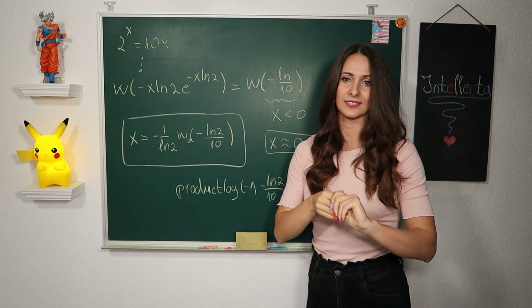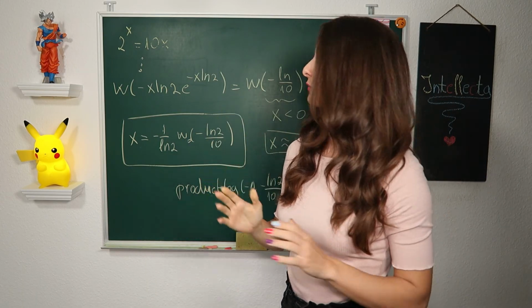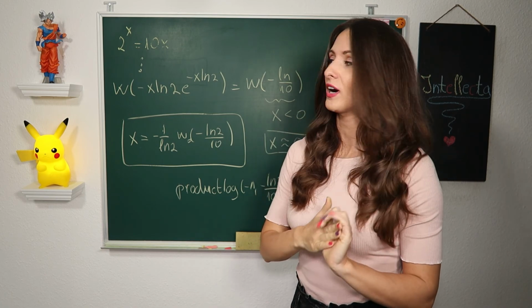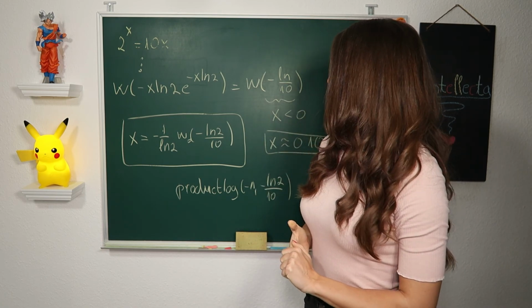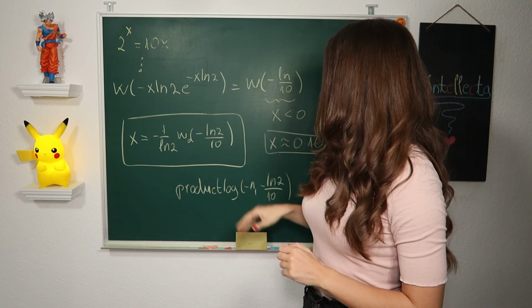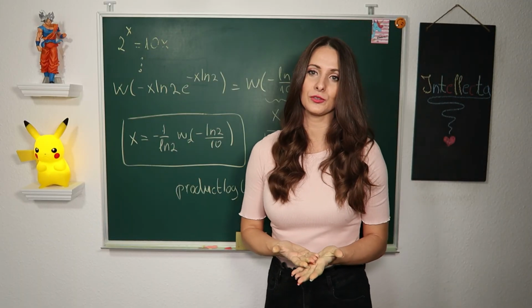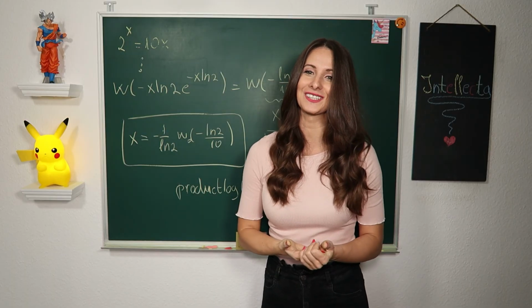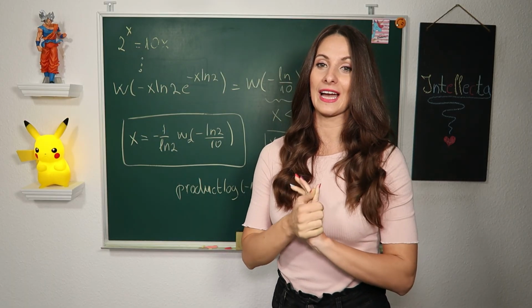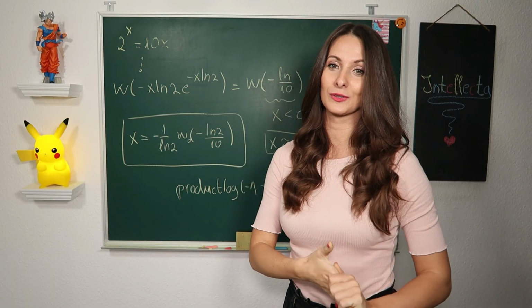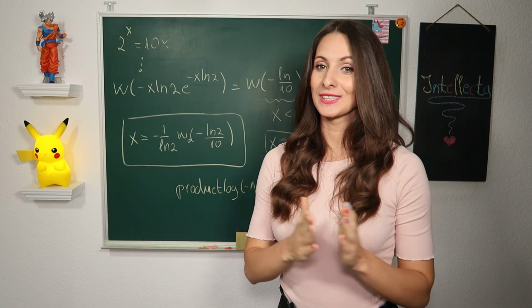I'm not going to show you this in this video because it's too long so far. You can play a little bit with this and you will get the second value, but I don't think you have to do this. You have Wolfram Alpha, take advantage of it and find that x for the W sub negative 1. So that was it for today.